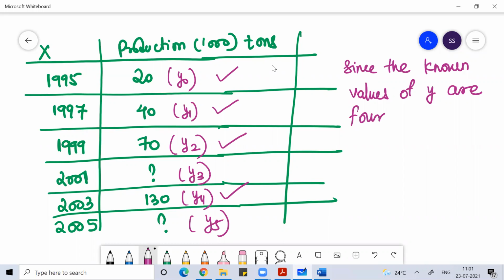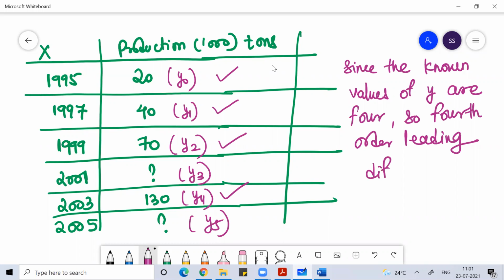Whatever known values are given to you, just simply write them like that. Since the known values of y are 5, the fifth order leading difference will be 0. Since the known values of y are 6, the sixth order leading difference will be 0.